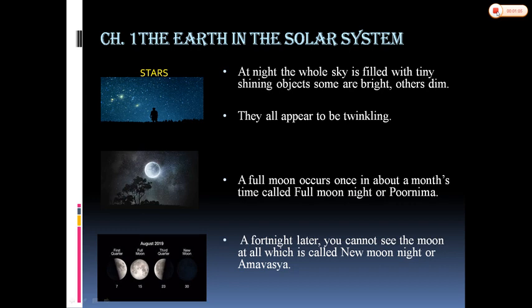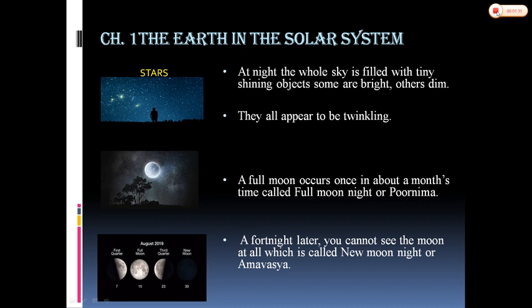They all appear to be twinkling. That means all these tiny objects are having flickers around them. But not all these shining dots are twinkling. Some simply glow like the moon.